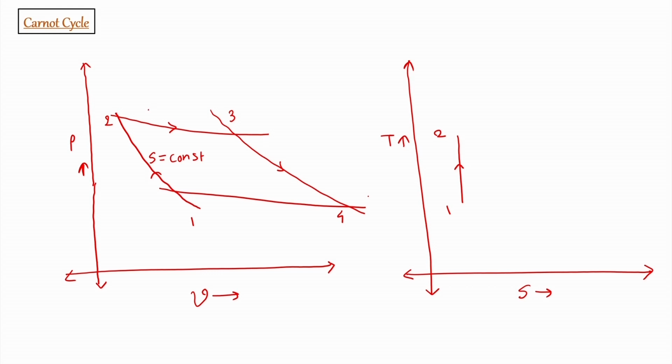Process 2 to 3 is isothermal process, so it is a temperature constant line, so it will be a horizontal line in 2 to 3 process. And then 3 to 4 is again entropy constant line, which will again be a vertical line in the TS chart, and process 4 to 1 is again temperature constant line, which would be a horizontal line in case of TS diagram. So, this is a Carnot cycle.